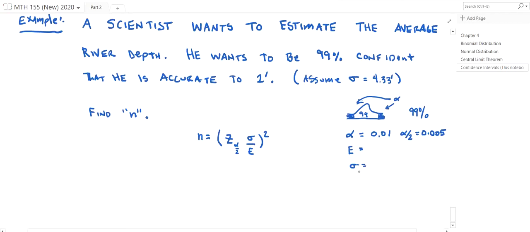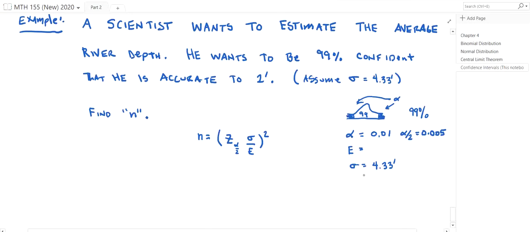Sigma. Sigma's easy. Sigma's given. That's the population standard deviation, 4.33 feet. Now you might be asking yourself, how the heck would they know that? And that's a very good question. Typically we don't know that. But at this point in our statistics knowledge, we have to know that in order to use the equation. We'll have a different equation in the future.